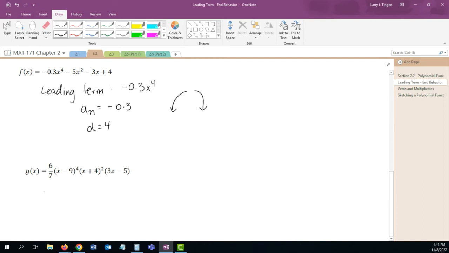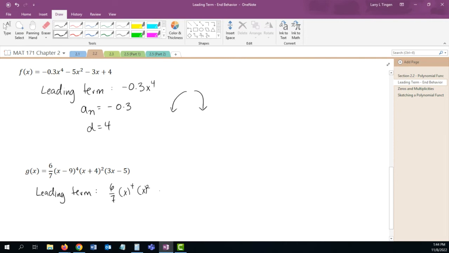And then lastly, g of x. We're going to take all the leading terms and multiply them. Notice I still take the coefficient, even though that 6/7 isn't multiplied by anything. I still use that because it's still going to be part of that leading term. x minus 9 to the 4th, leading term there is going to be x to the 4th. x plus 4 squared, x squared.